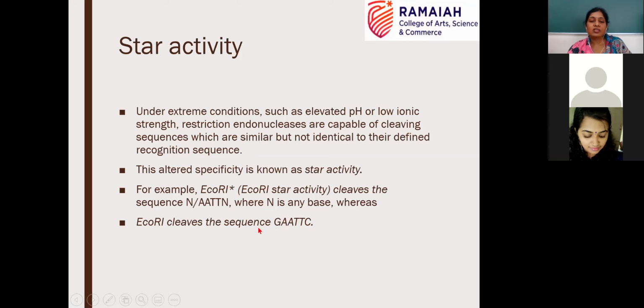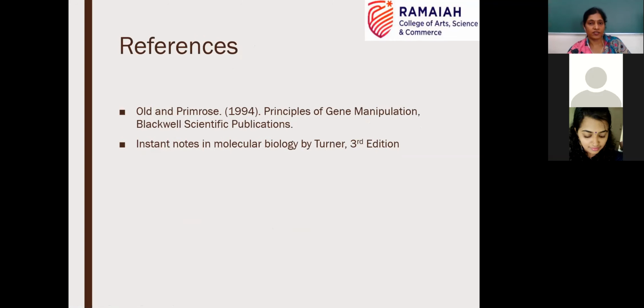If it is able to cleave the DNA with the recognition sequence with any other base in place of A, it means that its specificity is reduced. Such reduced specificity of the restriction endonuclease is called star activity. It happens under suboptimal conditions like high pH or low ionic strength. In such cases, the specificity is altered, which is called star activity.